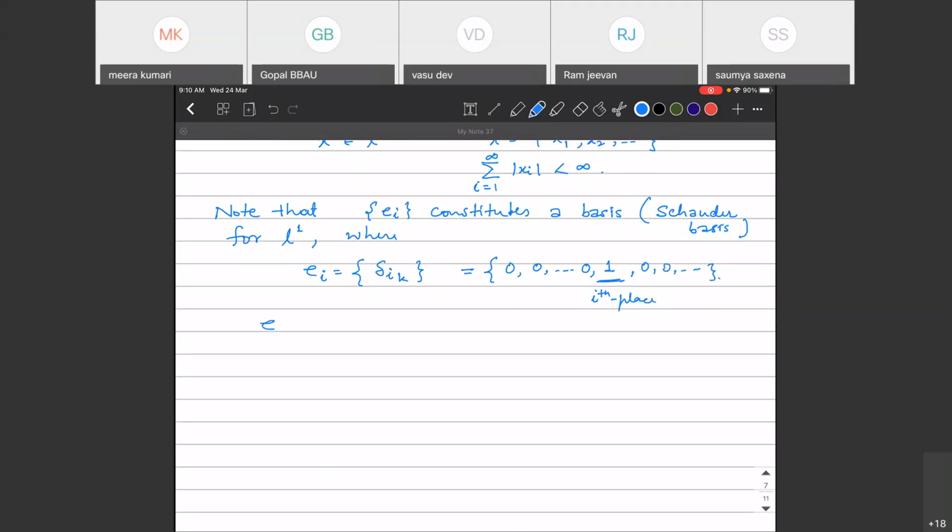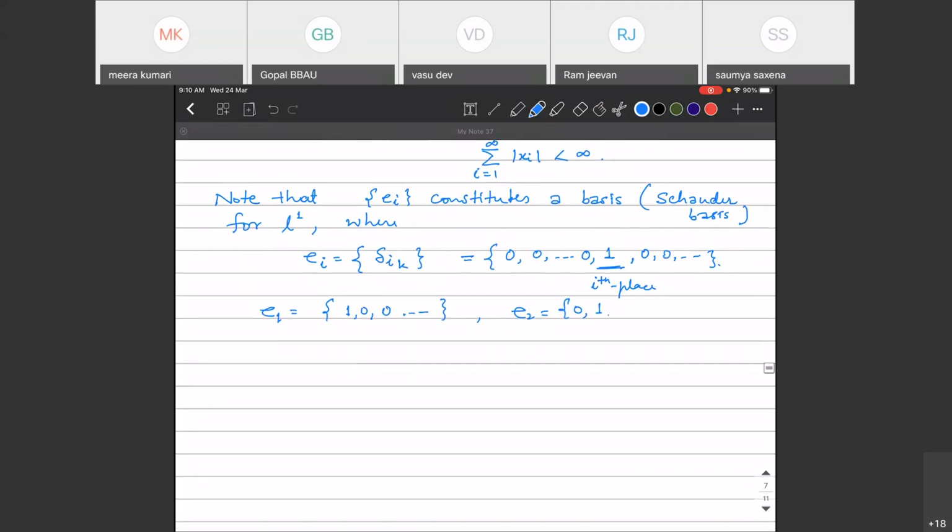So E1 is 1, 0, 0, and so on. E2 is 0, then at the second place it is 1, then 0, 0. Correct? And so on.